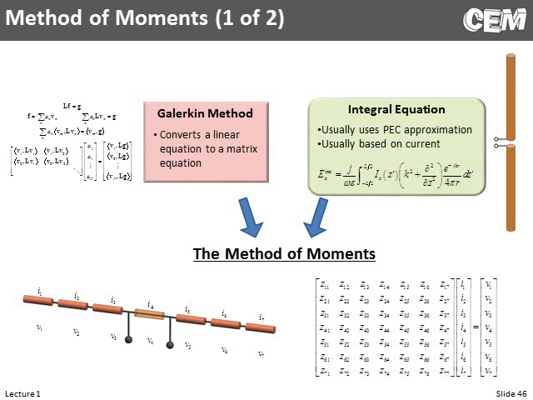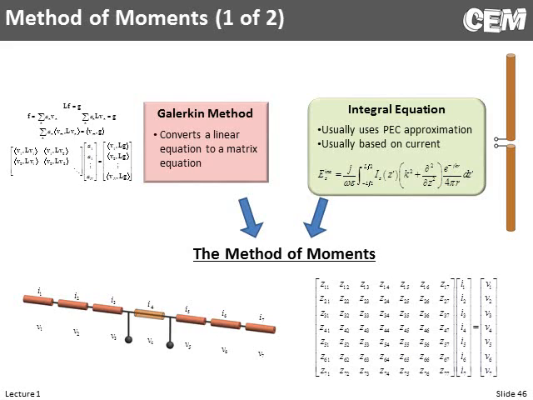Method of moments. So this is based on a technique called the Galerkin method. And again, we're not going to go into a lot of details of this, but you'll see the method of moments a lot with metallic structures, modeling metallic things. Thin wire antennas, horn antennas, parabolic dish antennas, very large things.